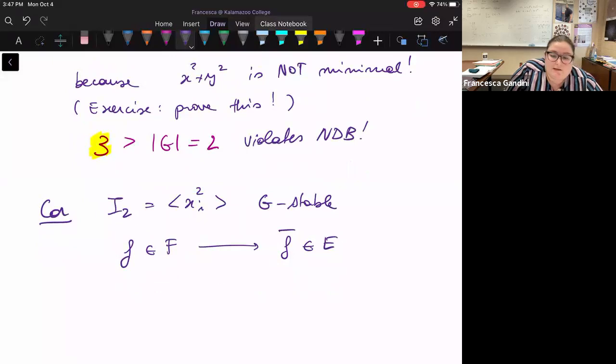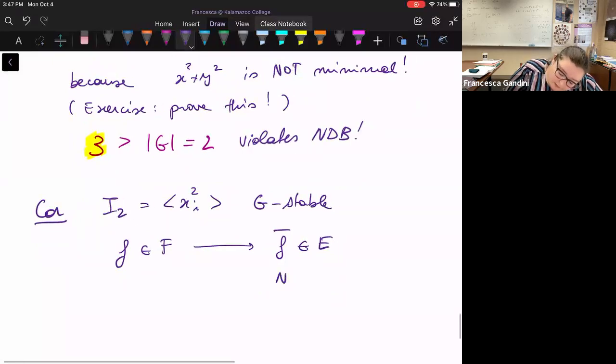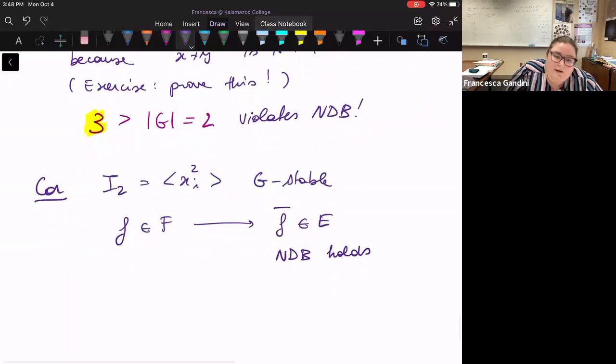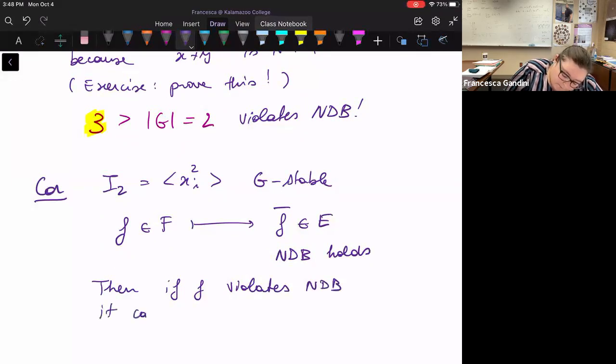And because here the Noether degree bound holds, what needs to happen is f cannot be square free, because otherwise f bar would violate the Noether degree bound in E. If f violates the Noether degree bound, it cannot be square free.